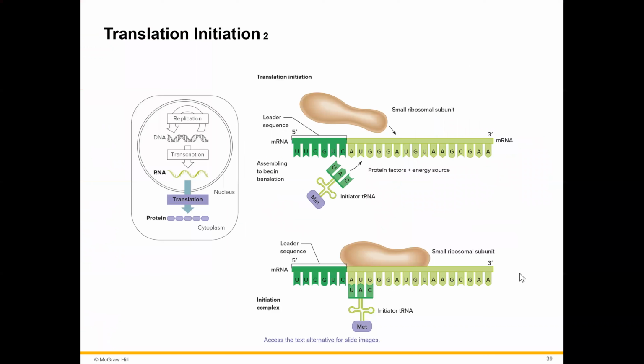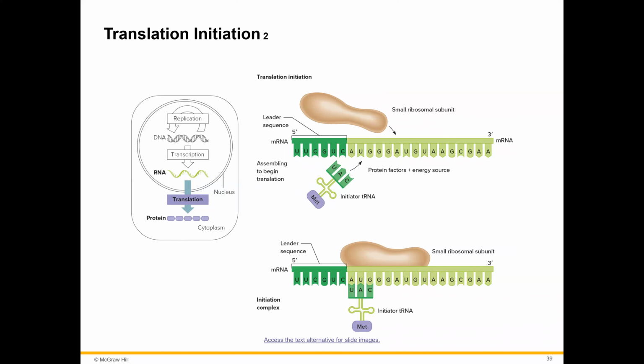Now, transcription is when we go from DNA to RNA, and we call it transcription because we don't change language. DNA is made of nucleotides, and RNA is made of nucleotides. So we just transcribe it, we rewrite it very much.